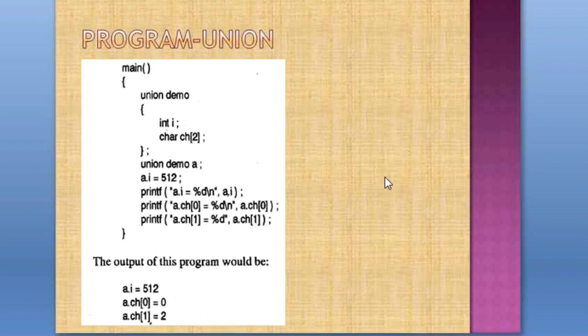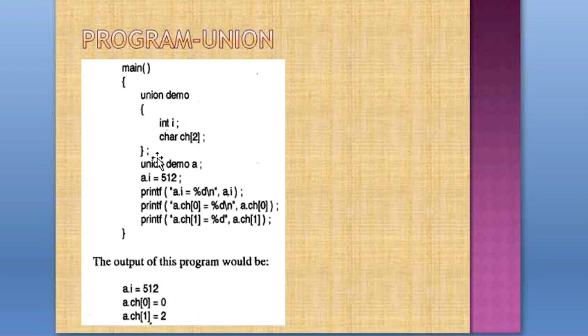Here is one program for union. Here the union is defined. We can define a structure in the main function or outside the main function. We have seen the difference between defining the structure in main as well as before main. It is just like defining a local as well as a global variable. So here the union is defined in the main function.